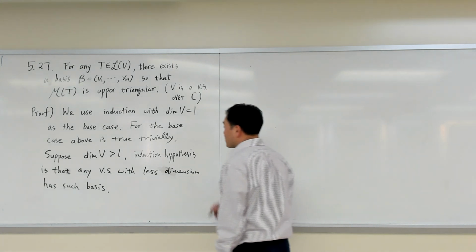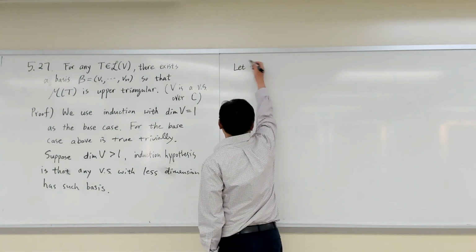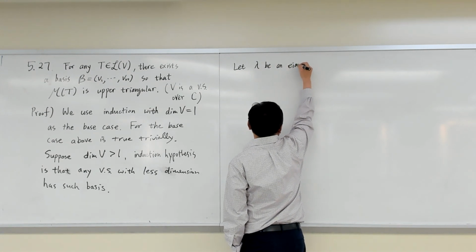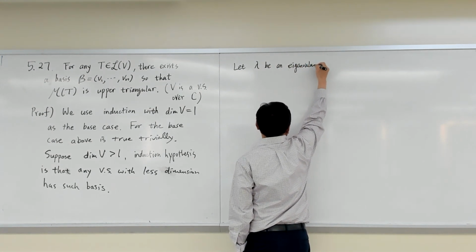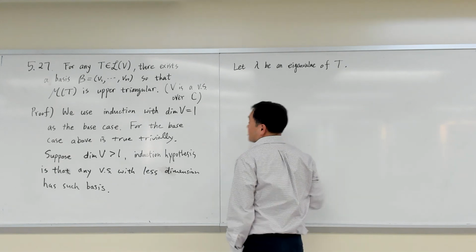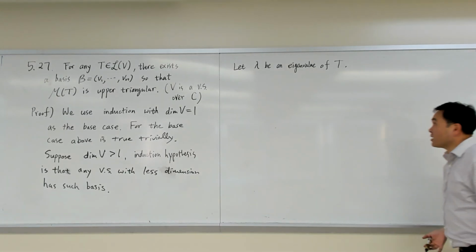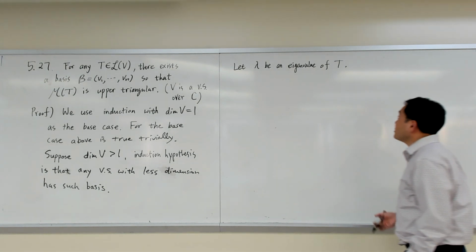Okay, so let lambda be an eigenvalue of T. Okay. We already proved that over C, any operator has at least one eigenvalue.